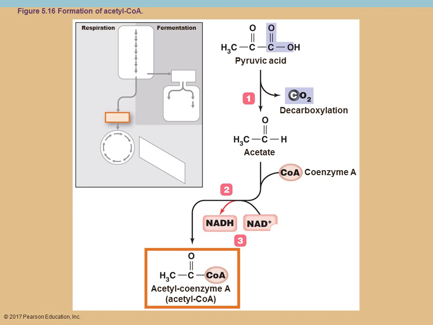It picks up a pair of electrons, leaves as NADH. And what are you left with? You're left with acetyl-CoA. This is the formation of the acetyl-CoA. It's a pyruvic modification step, if you will. You have to produce that acetyl-CoA, which now can flow into the Krebs cycle. Pyruvic acid cannot.